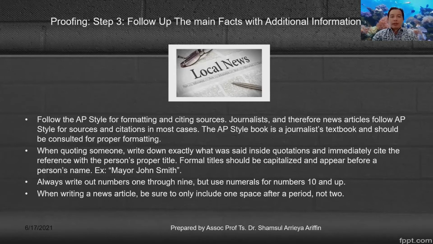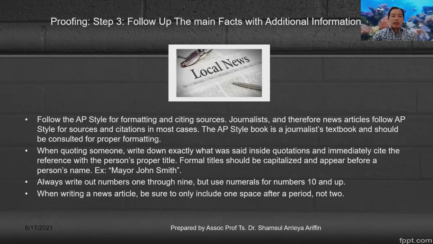So you need to know, let's say Dato or what, you need to spell it out, your Dato yang berbahagia atau Duli yang maha mulia. So those need to be according to the capitalization and the correct name needs to be spelled out. Yeah? Always write out numbers 1 through 9, but use numerals for numbers 10 and up.